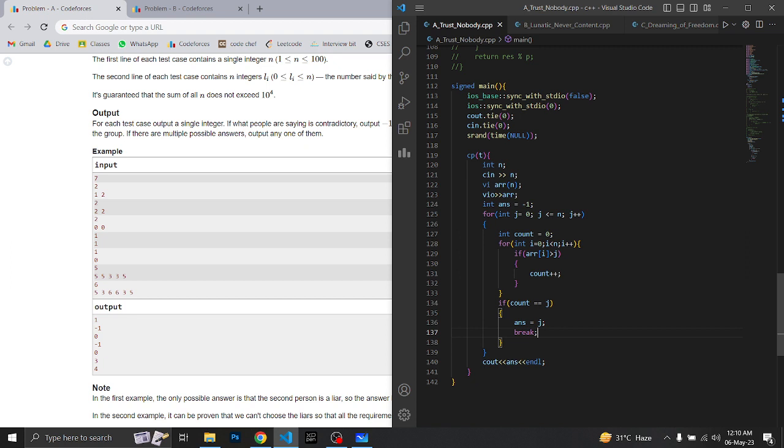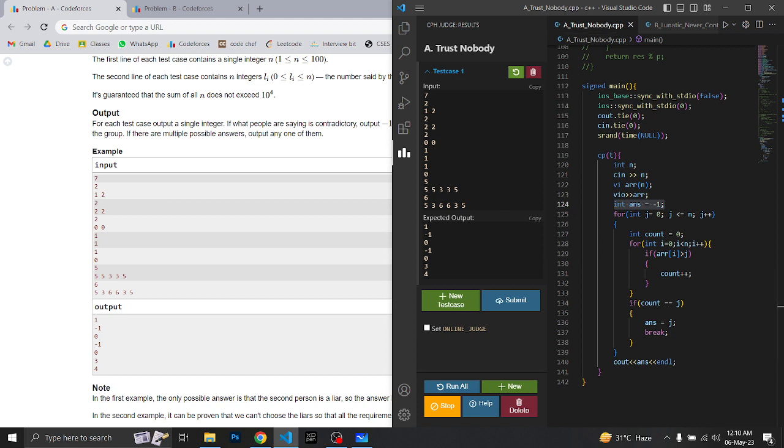But if no condition is satisfied, then our answer, which was initialized to -1, will be printed, and that will be our answer.